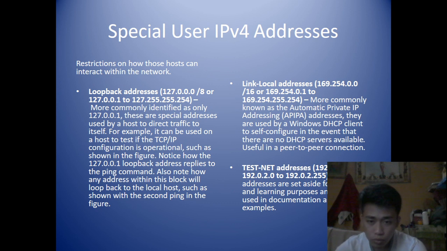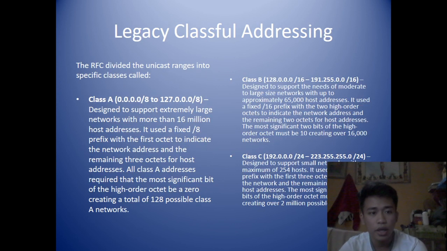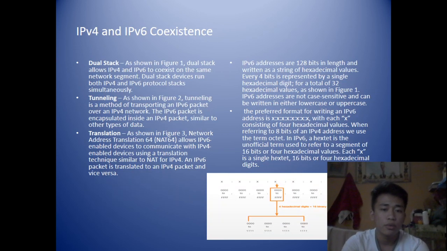So the next is legacy classful addressing. We have class A, class B, and class C. Then IPv4 and IPv6 coexistence. They have dual stack, as shown in the figure, and can always exist on the same network segment. A dual stack device runs both IPv4 and IPv6 protocol stacks.